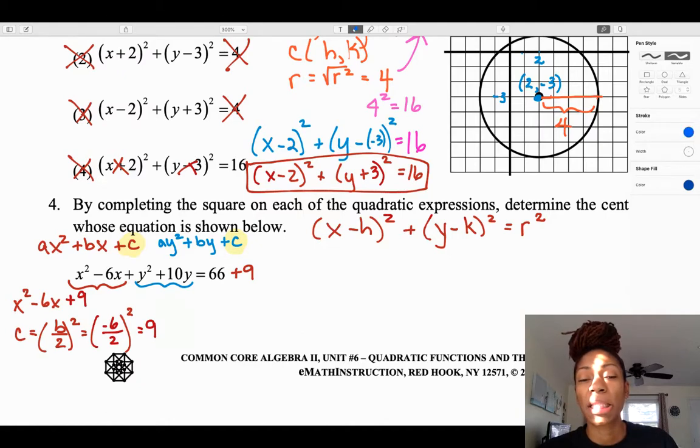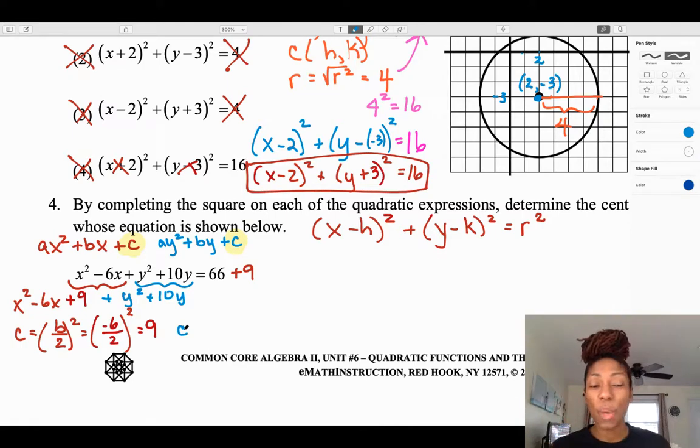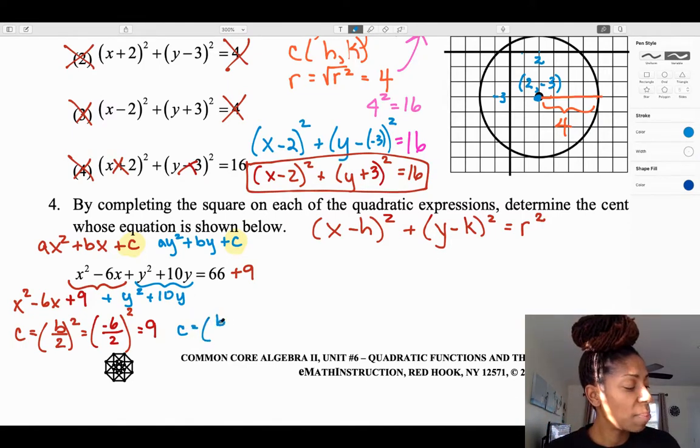Let's do the y's. So here we have y squared plus 10y. We need the c term that will make it a perfect square trinomial. C equals b over 2 squared.